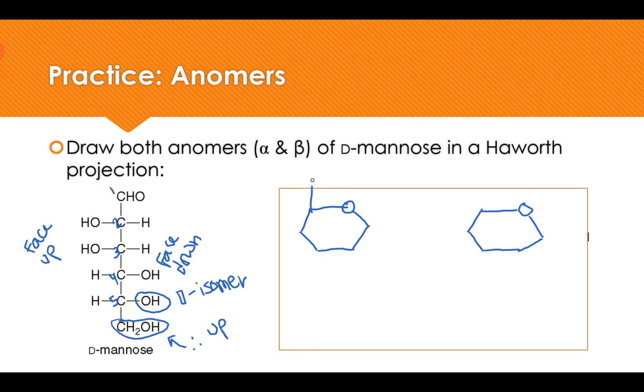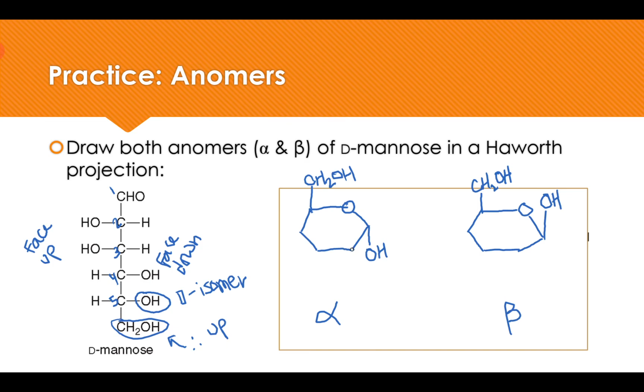So since this was the D isomer, I'm going to draw that up along the back. I know I have to draw both the alpha form and the beta form. Alpha form means that this is going to be on the opposite side of the ring. Remember, alpha, you have to cross it. And so this will be the alpha form, and this will be the beta form.